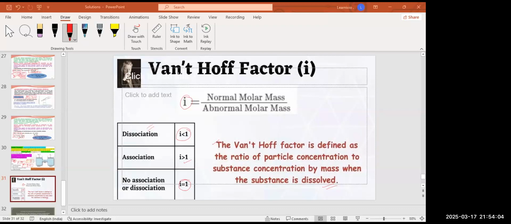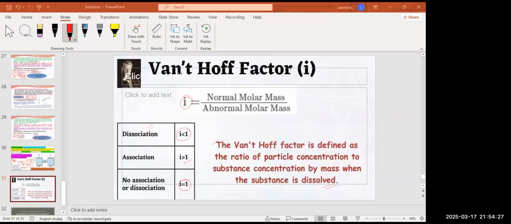And the inclusion of van't Hoff factor modifies the equations for colligative properties also. In every formula, just multiply by the i factor.